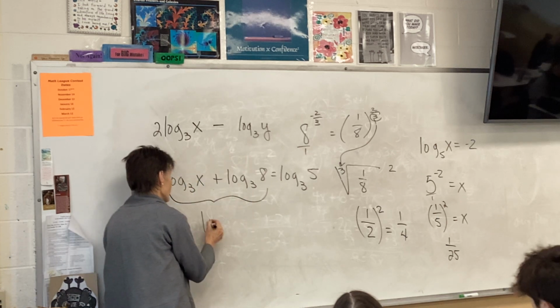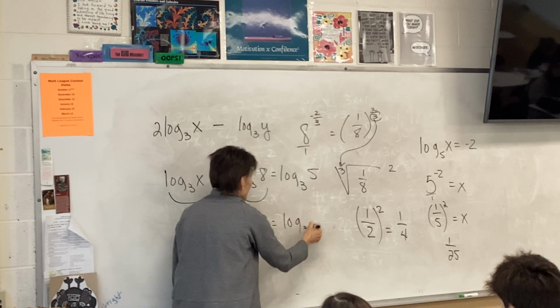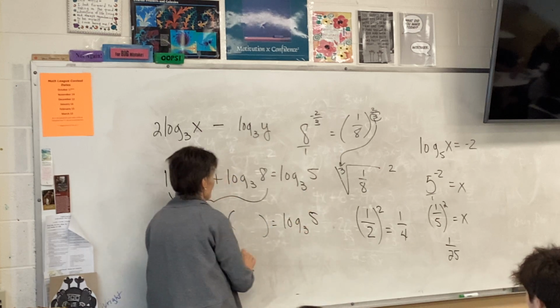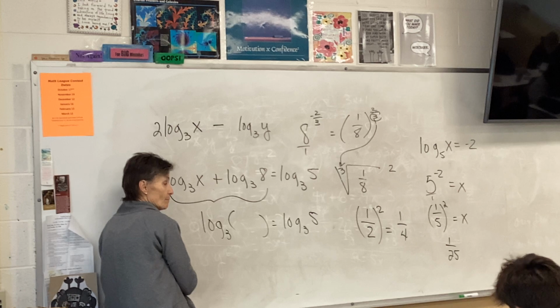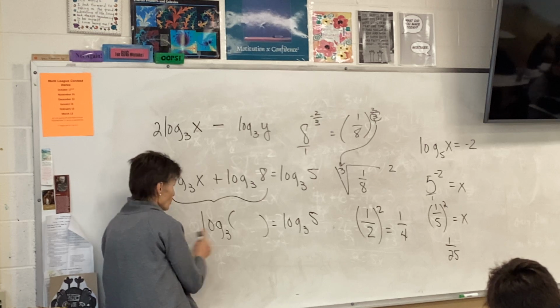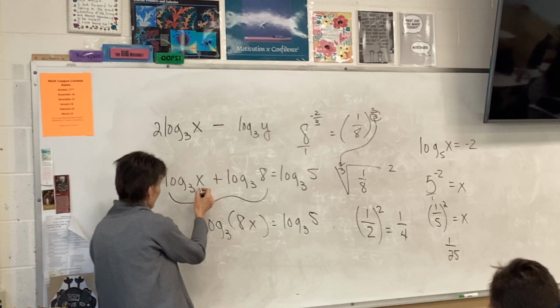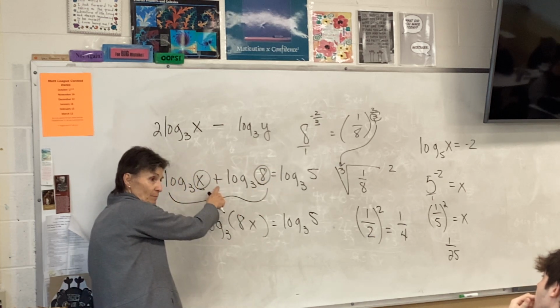So we're going to put those together into 1. Now don't worry about this guy. He's over here on that side. He's fine. But these 2 have got to go together. How am I going to put them together? Multiply. So what's going to go in here? 8x. You're going to multiply this and this because that's a plus.